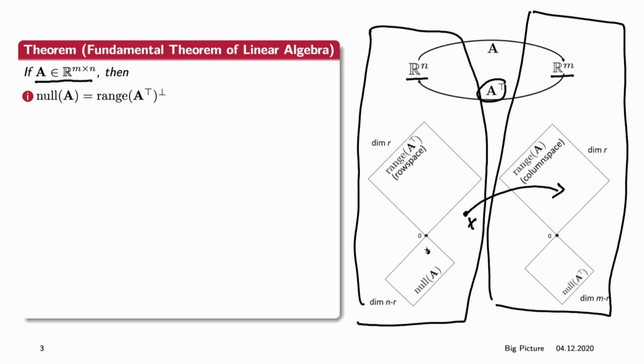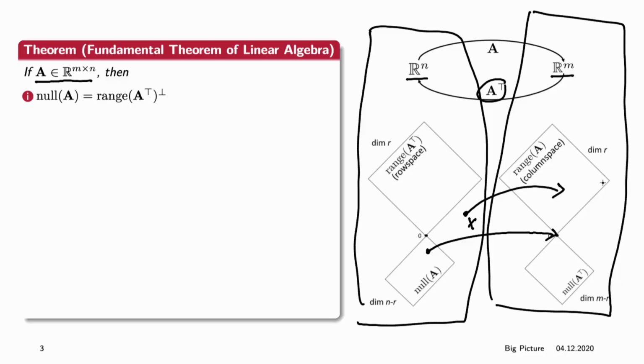Now, if x is in the null space of A, that means that it will be mapped to the 0. Note that the 0 is also, of course, element of the range, because the range is a subspace. So the 0 element needs to be included.